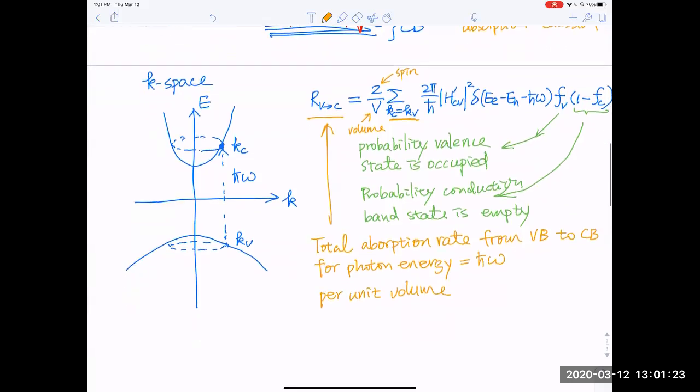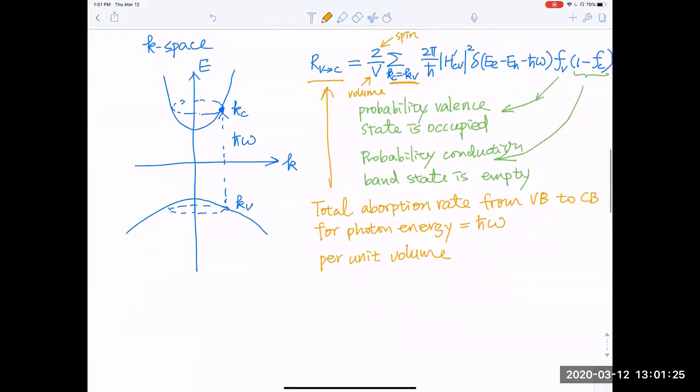So for optical mediated, for photon mediated transition, if it is an absorption, K of the electron in the conduction band will be equal to K of the valence band plus K of the photon.